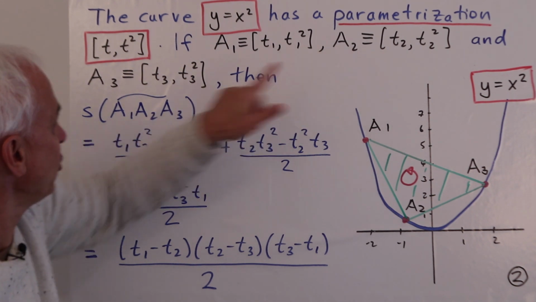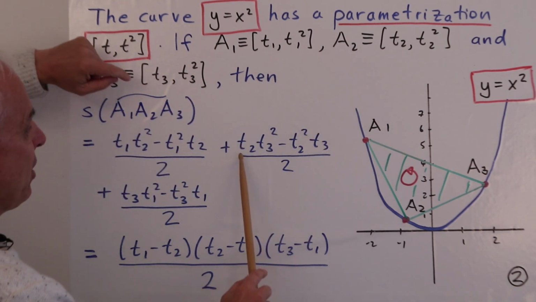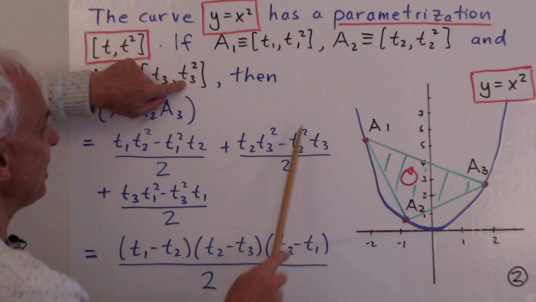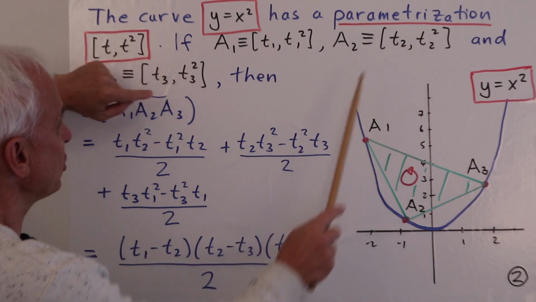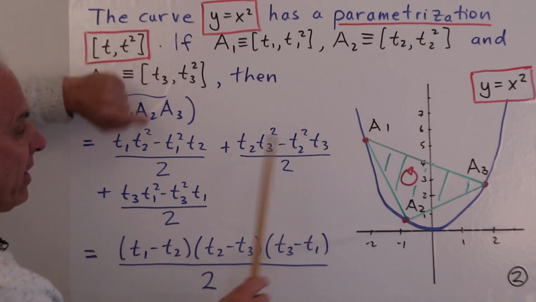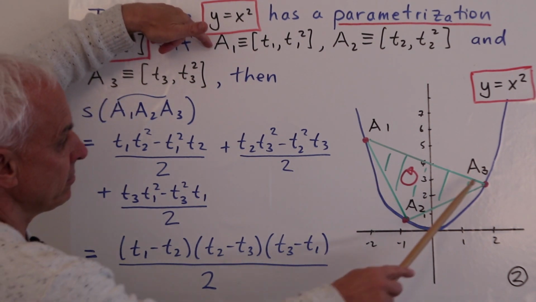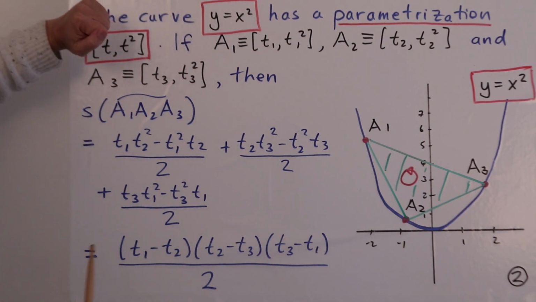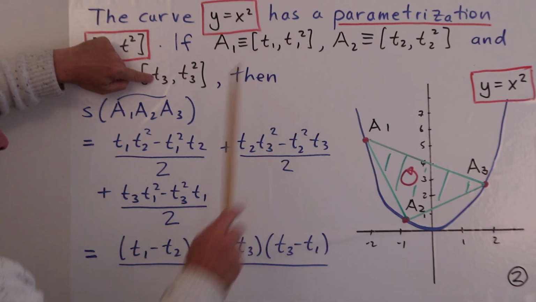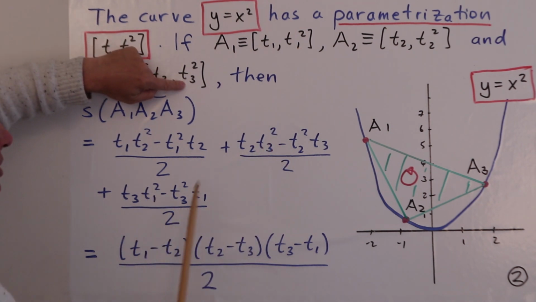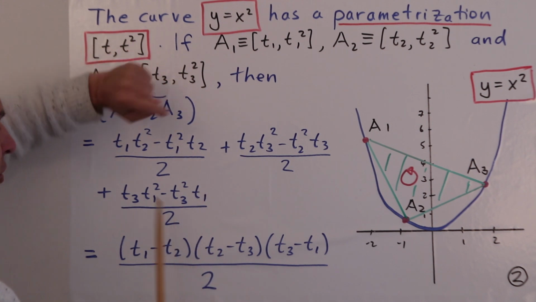And then going from A2 to A3, it's the same kind of thing. We get T2 times T3 squared minus T2 squared times T3, again over 2. And then finally going from A3 to A1, corresponding to that side, we get T3 times T1 squared minus T3 squared times T1 all over 2.